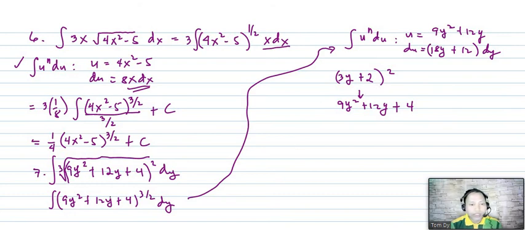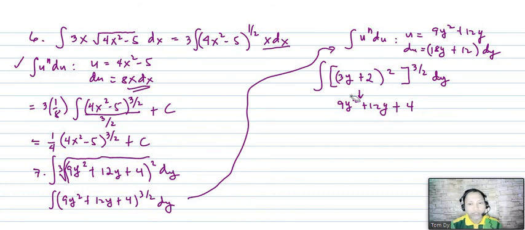So instead of writing 9y squared plus 12y plus 4, I will rewrite it as 3y plus 2, and of course our exponent is 3 over 2, with dy. The integral of this one, 3 over 2 dy.